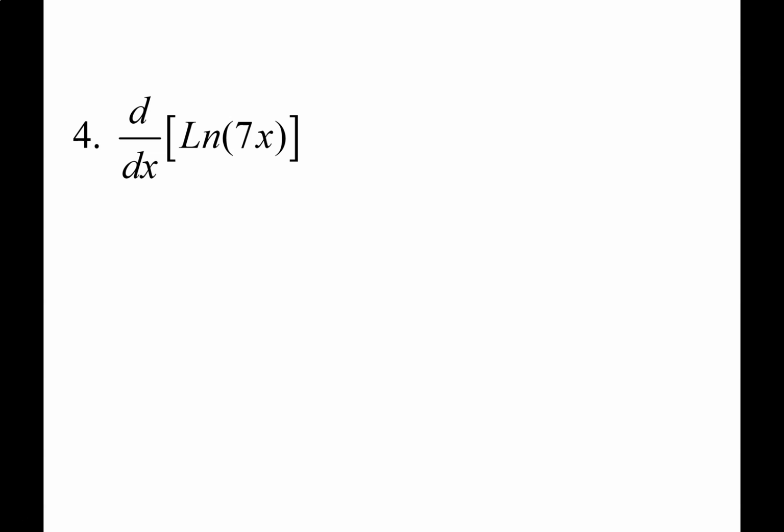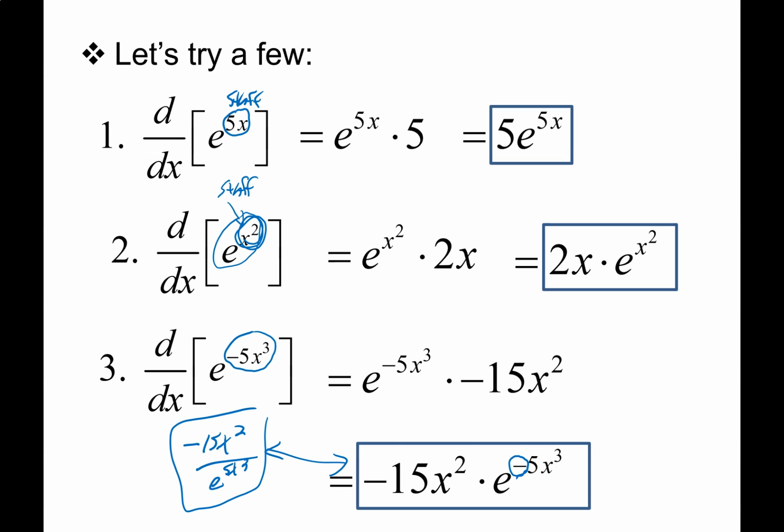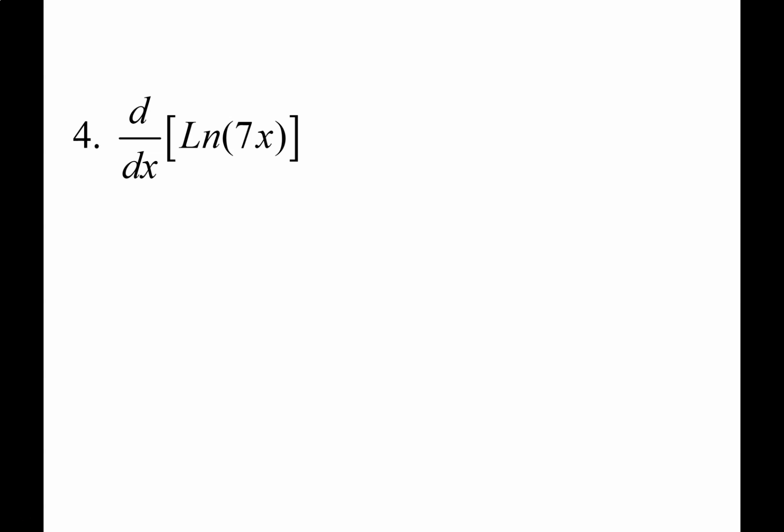Derive ln of, so we derived some e's, now let's derive ln. And again, remember I told you that when you're deriving ln of stuff with respect to x, you first derive your ln, which is 1 over something. In this case, it's 1 over whatever your stuff is.